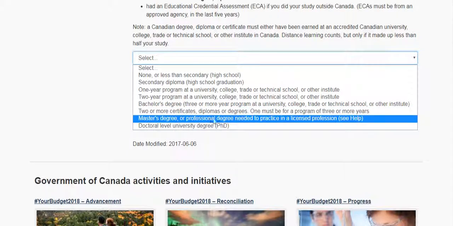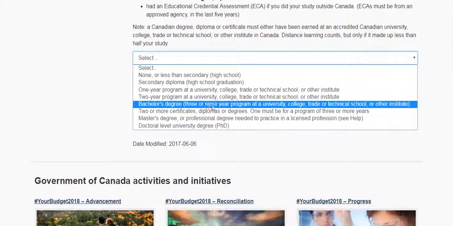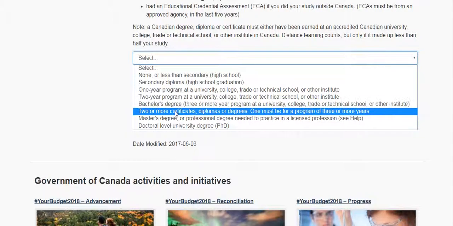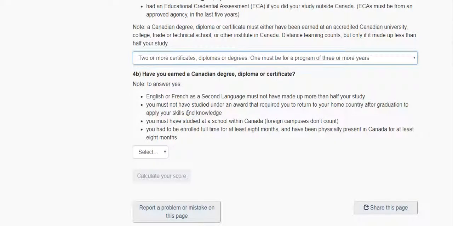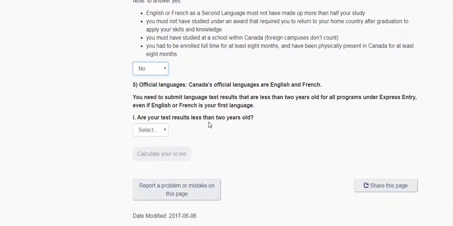In case you have a master's, you can select this one, a PhD, this one, and in case you have a simple bachelor's degree, then you need to select this one. So I select this: 2 or more certificates, diplomas, or degrees, and both 3 years. Have you earned a Canadian degree? Well, I don't have a Canadian degree, so I select no.